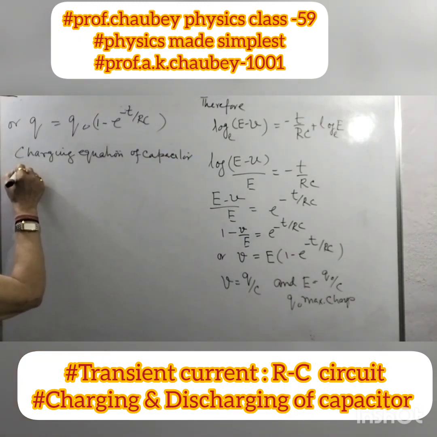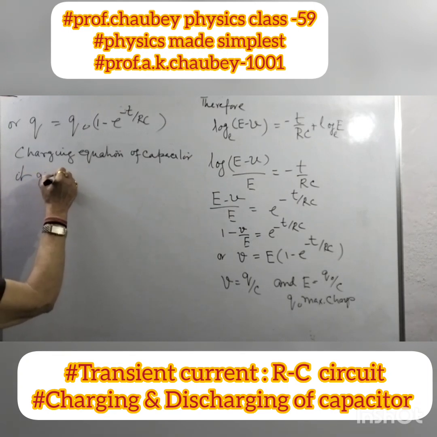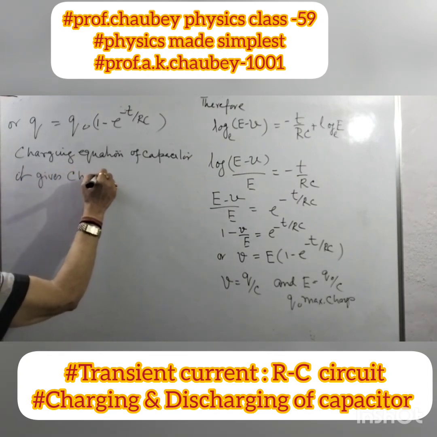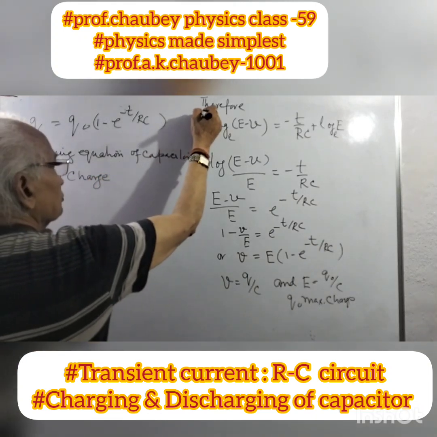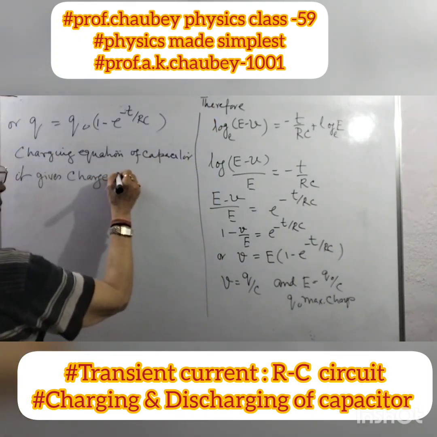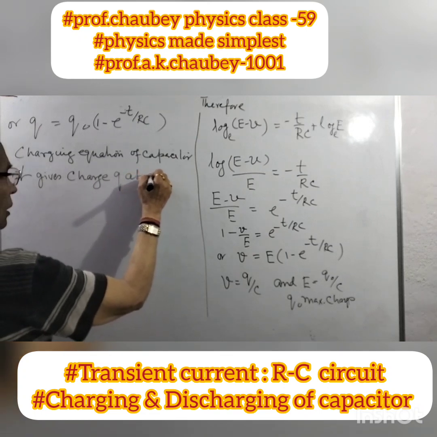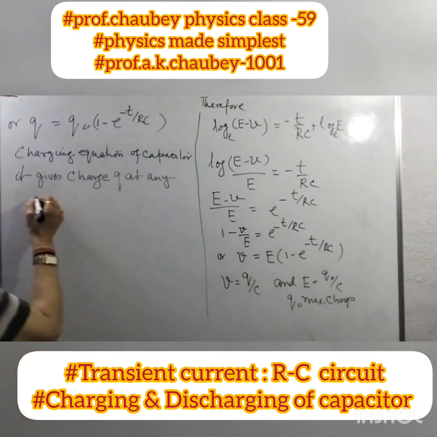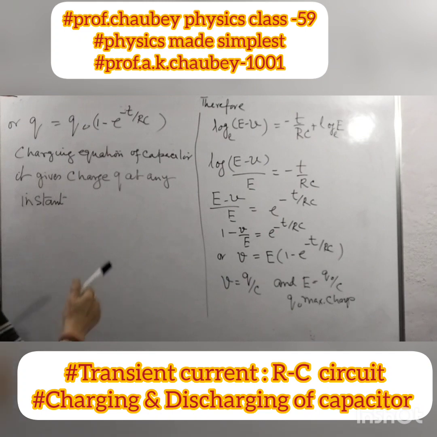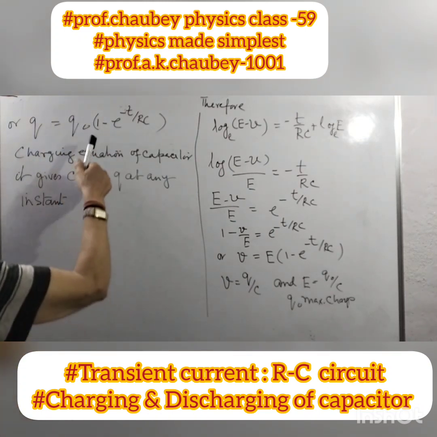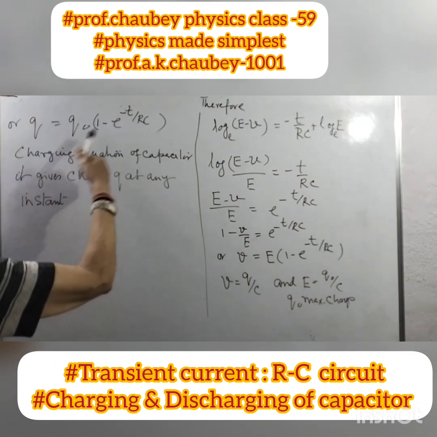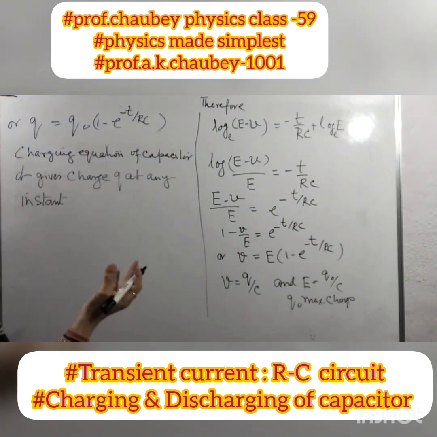It gives the charge Q at any instant. Q is equal to Q naught times 1 minus e to the power minus t over RC, where Q naught is the maximum charge on the capacitor.